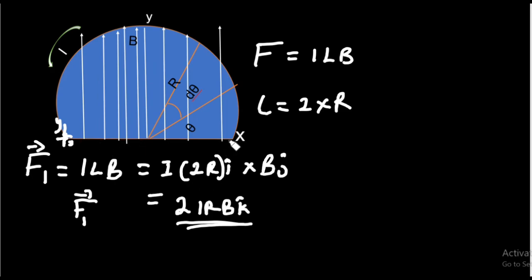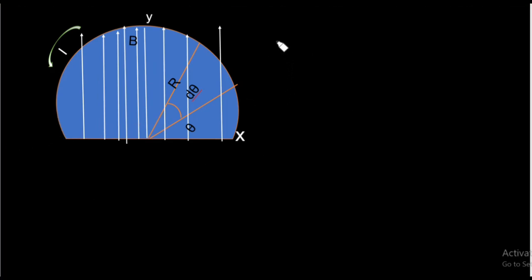So how do we find the force on the semicircular arc? When we find the force on the semicircular arc and we add it to the force on this straight segment, we notice that the net magnetic force on this semicircular loop is 0. Similarly, we know that magnetic force is ILB.